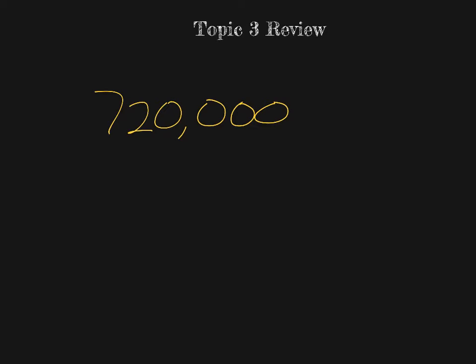So for example, if I do A and I write 72 times 10 to the power of 4, would that be the same thing or would that be different? Well, to know that, you have 72 and you need to have 1, 2, 3, 4 zeros.